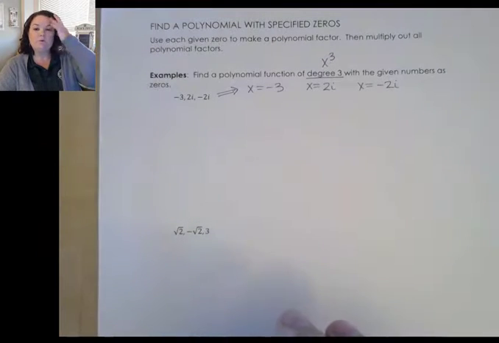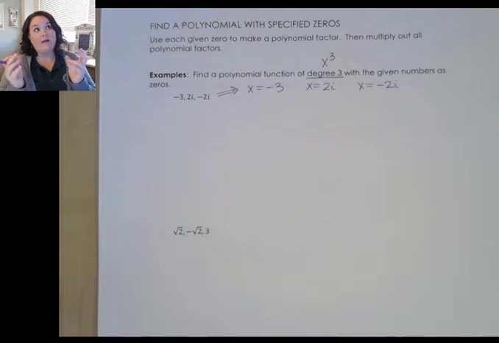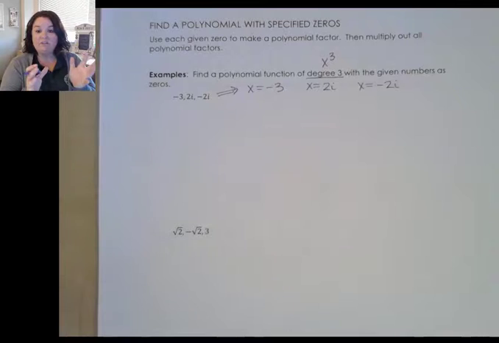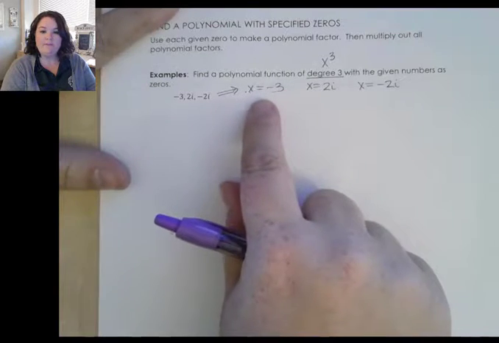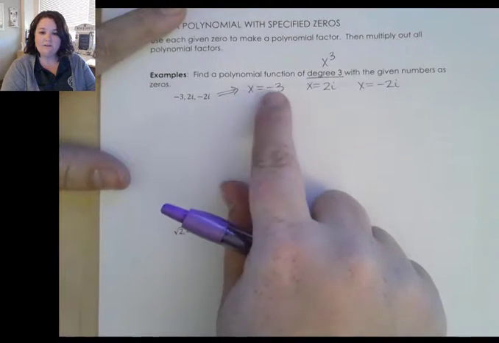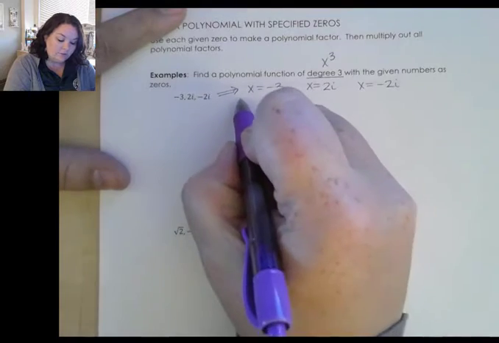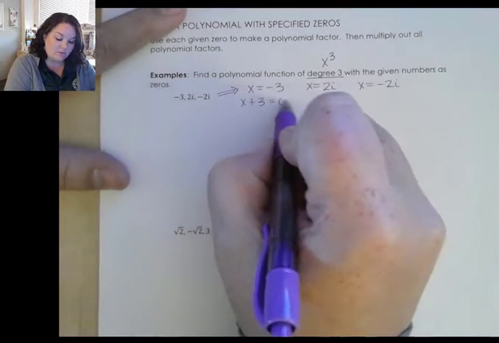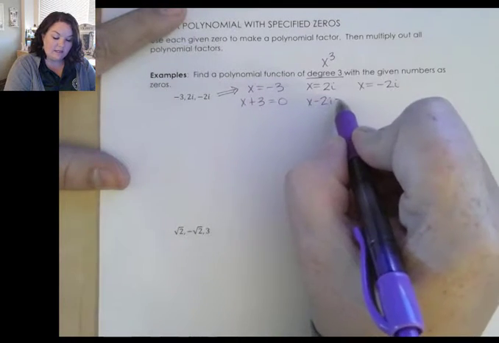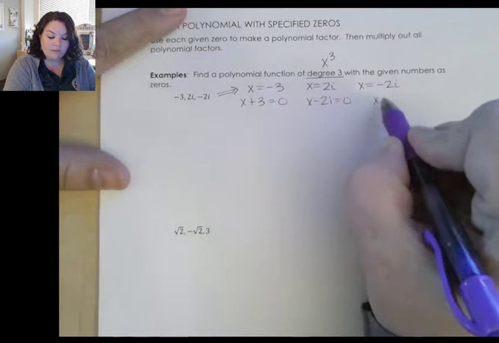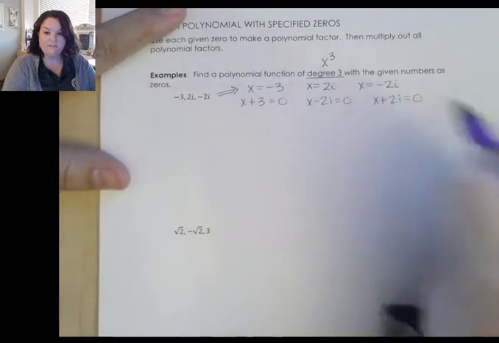Remember, when we take our factors and solve them, we set each factor equal to 0 to get our solution. So if we're given a solution, we can move it back across the equal sign so that it's equal to 0. Here we would get x plus 3 equals 0, here x minus 2i equals 0, and here x plus 2i equals 0.